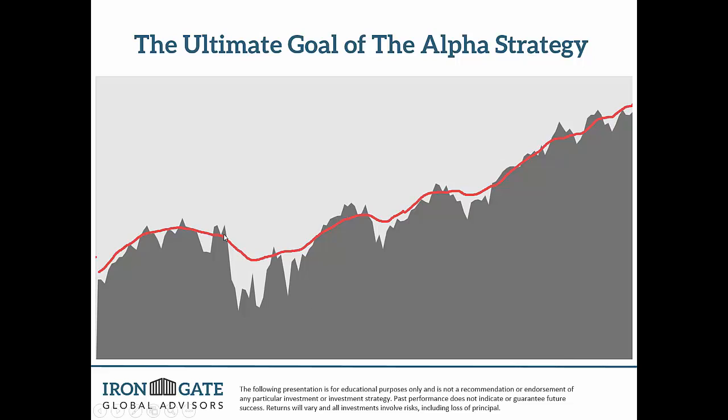I'll highlight with my mouse cursor a few of those time frames, 2008 and 2009. Now you can also see in this red line, which would be the alpha strategy, that there are times where you underperform the market as well. That is because if you want to reduce portfolio volatility on the downside by implementing these strategies, a lot of times you cap it on the upside.